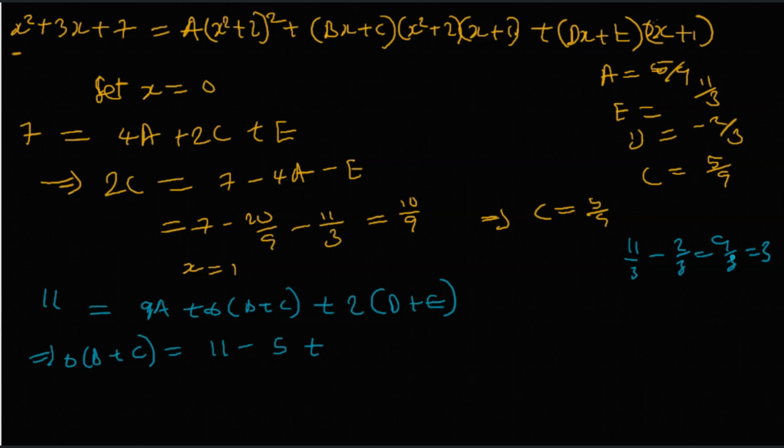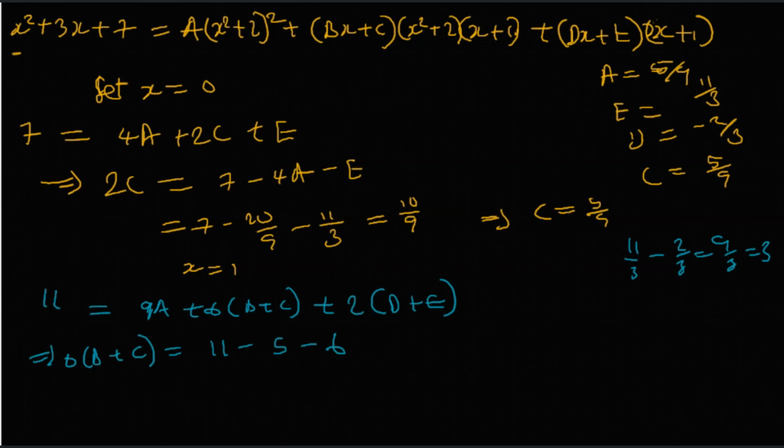That would be 3. So when we subtract, that is 11 minus 5. Okay, that is supposed to be minus here. So that would be minus 2 times 3, that is minus 6. So 11 minus 6 is 5. Then minus 5 is 0.